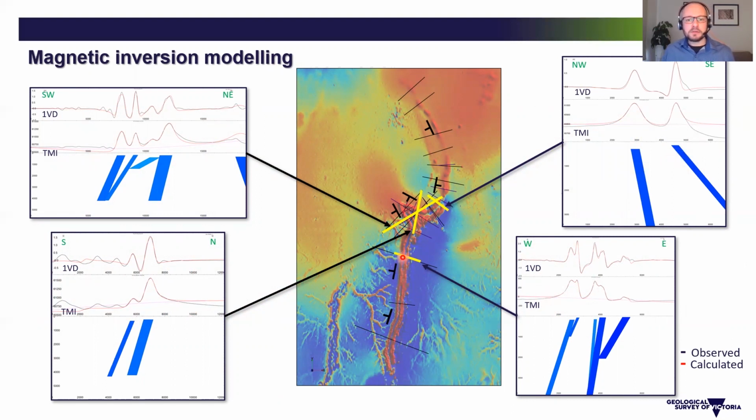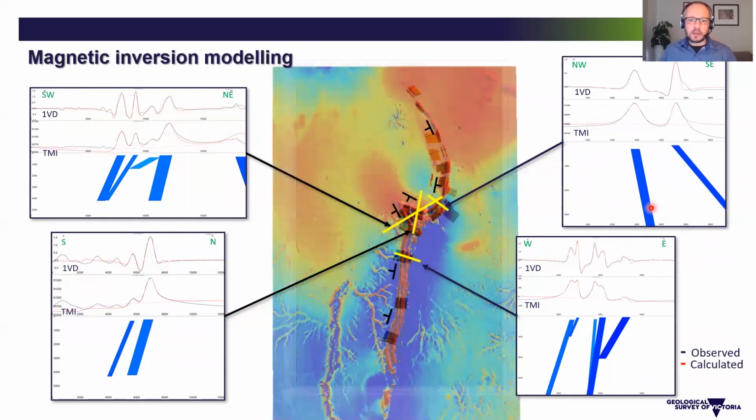And what we see here is that in the south, as was mapped in the outcrop regions, we have these west dipping volcanic units, the Heathcote volcanics. And as we move north, there's a lot more complexity that comes out from the modeling. In fact, some of these units are dipping to the east and have been overturned.